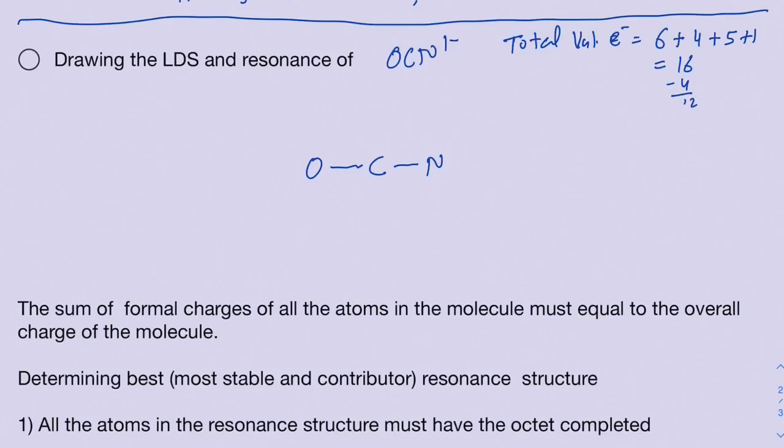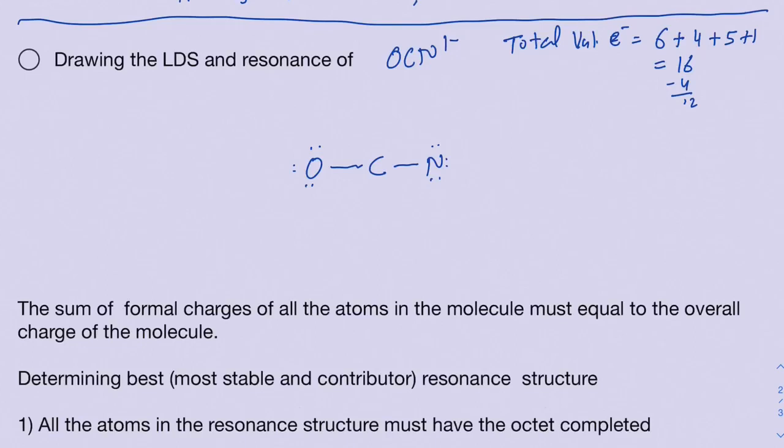And what we have learned after that is to fulfill the octets of the surrounding atoms first. So I can go ahead and fulfill the octets of the surrounding atoms by placing 6 electrons on each of those surrounding atoms momentarily. Now that uses up all the 12 electrons and, as a matter of fact, all the 16 valence electrons we got.